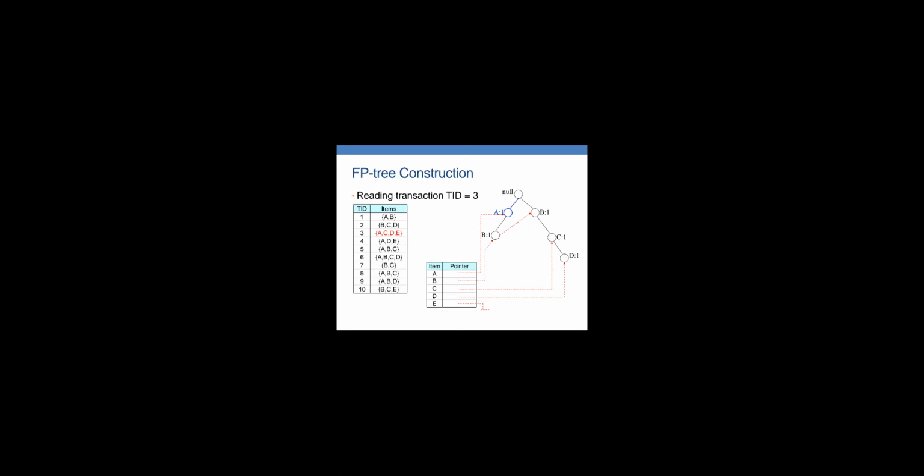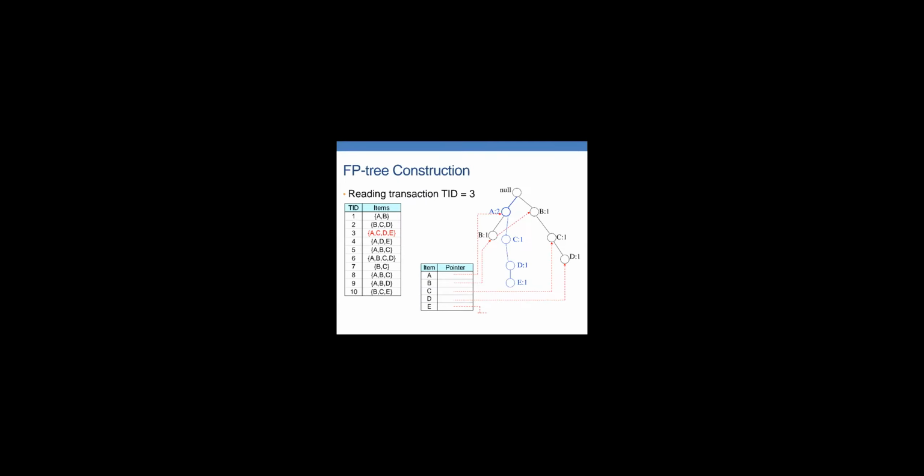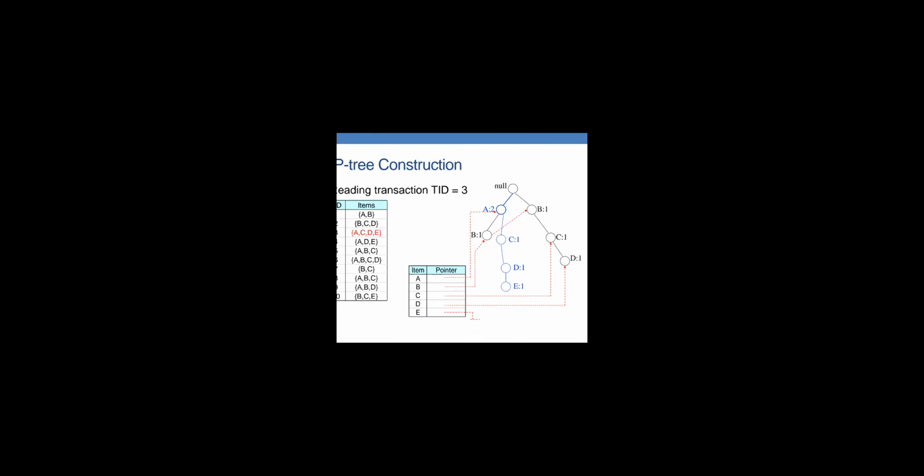So this is the way you have to process all the details here. See here, this is after the third transaction that you have to process. You can get it like this: A, C, D, E. A is repeated a second time, so you have to represent A as assigned 2, and then C, D and E. Now C1 is linked with the C1 of the second, D1 is linked with the D1, and E1 is linked with, you don't have it, only C and D repeated here.